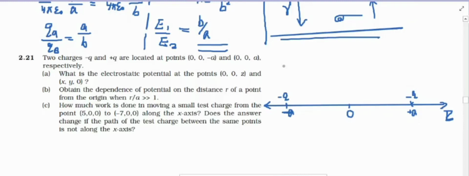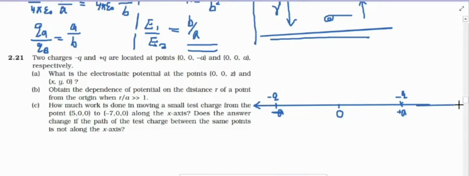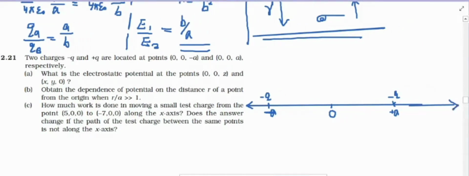Now, here we can take another, arbitrary point on the Z axis where the coordinate is Z. So here the coordinate is minus A, 0, 0, here plus A, 0, 0, and here Z, 0, 0.